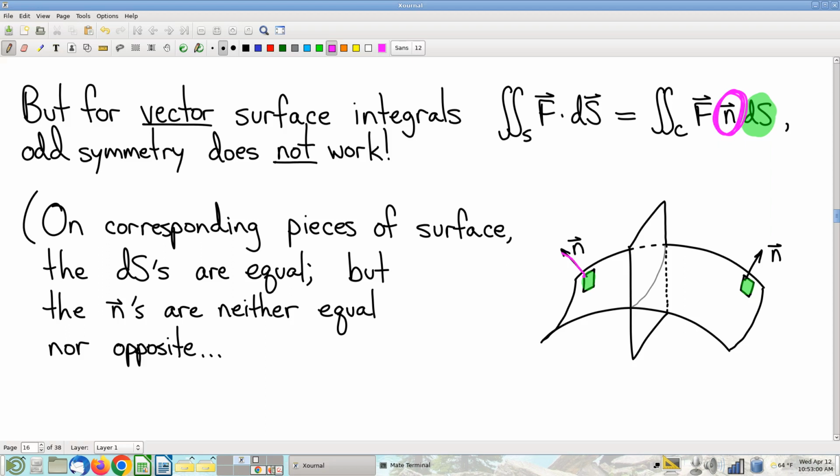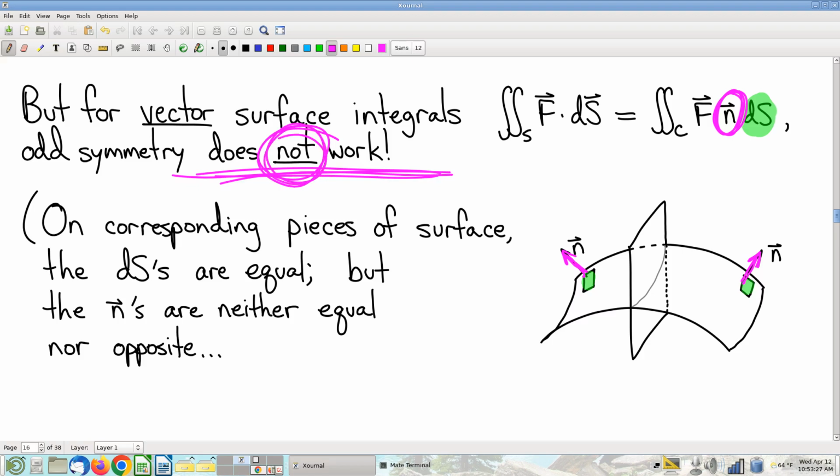You look at this orientation vector here, you look at that orientation vector there, they are not the same. They're really, really not the same. They're also not negatives of each other. Neither possibility, they're just different. So it does not work for vector surface integrals.